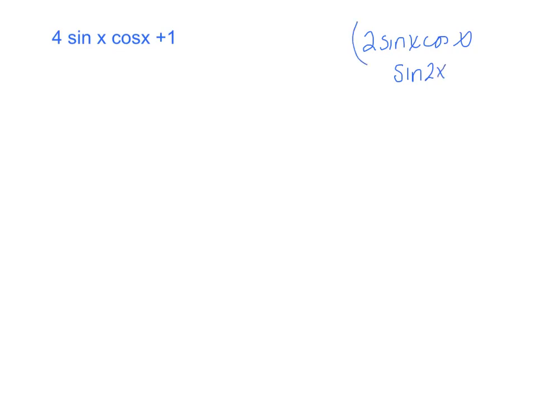So if I could find this, I could replace it with the sine of 2x. Well, it's pretty darn close because 2 times 2 is 4, and so this would actually be 2 sine 2x. So over here, this whole thing would be replaced with 2 sine 2x plus 1. And that's how that goes.